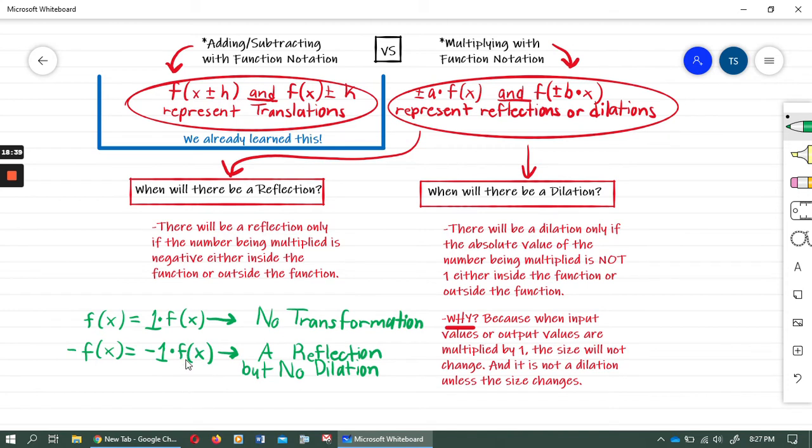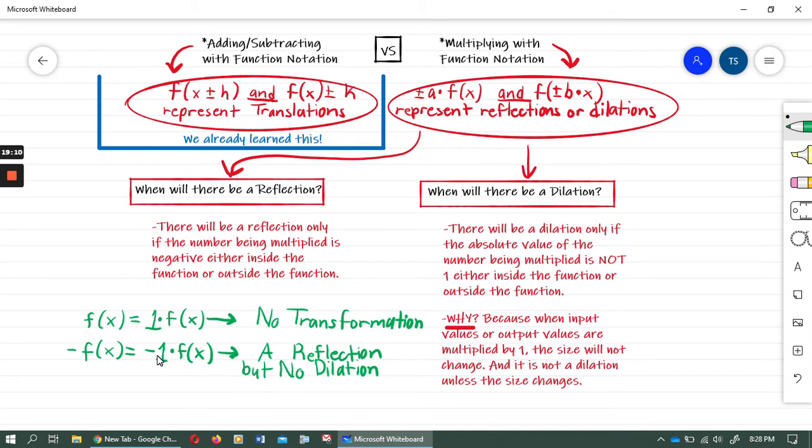For instance, if that value was positive 3 and you multiplied it by negative 1, the actual absolute value of that number wouldn't change. The value would just become the opposite sign. It wouldn't be bigger or smaller than 3. It would just become a negative 3.